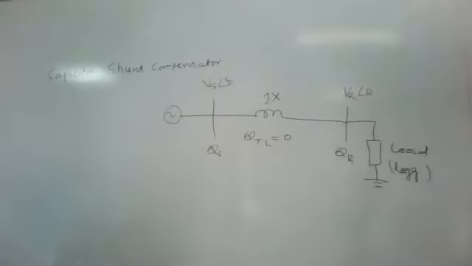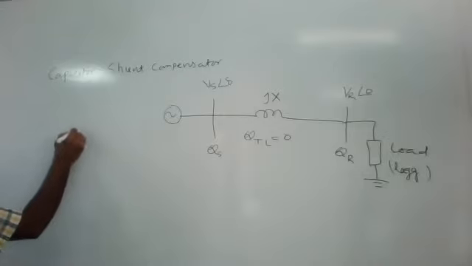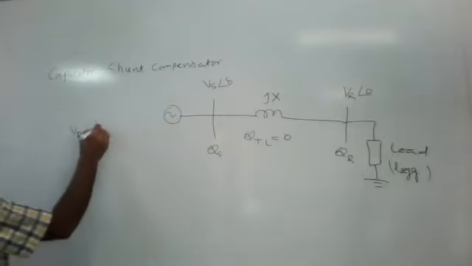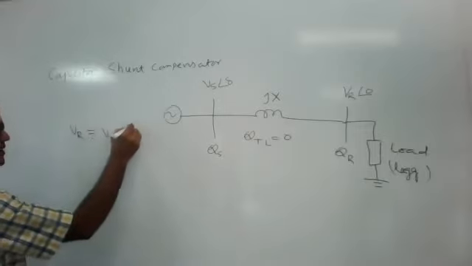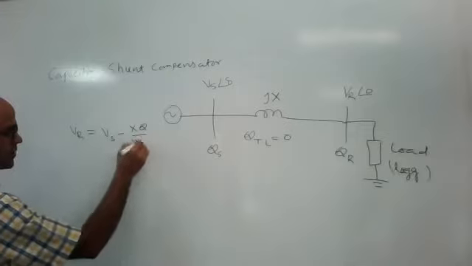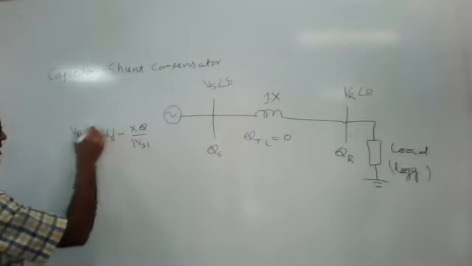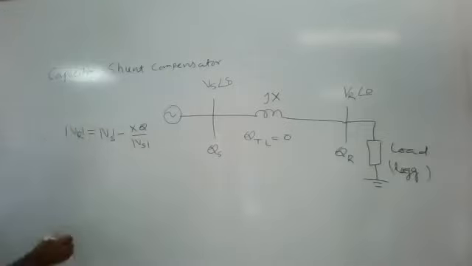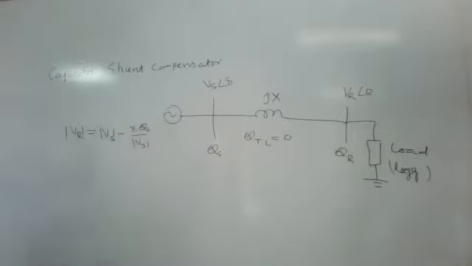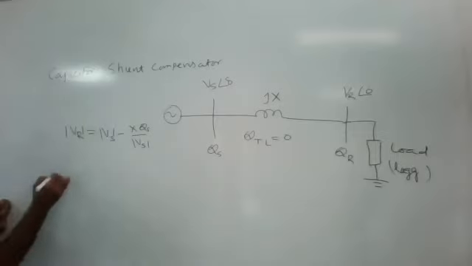If you are finding the receiving-end voltage, for that I have derived the expression: Vr equals Vs minus XQ divided by Vs. Here Vs is a magnitude, Vr is also a magnitude, X is a magnitude. Q is the sending-end reactive power.